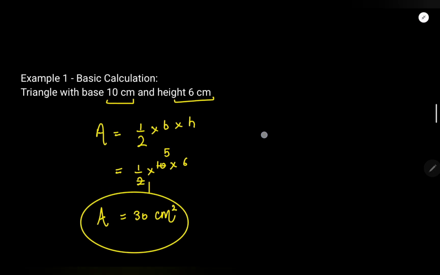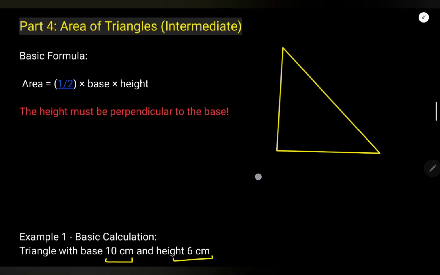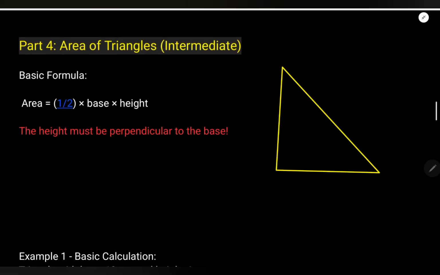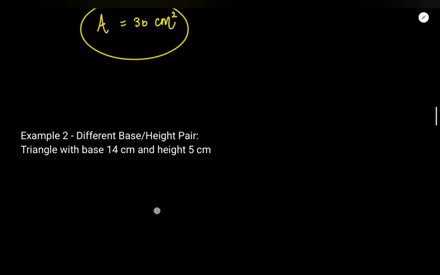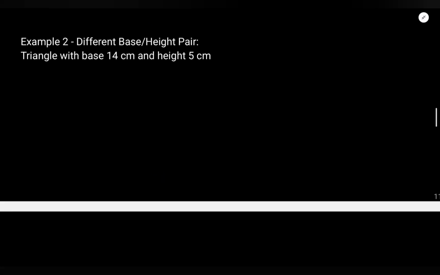Okay. Because here you knew the height. First of all, we will do some examples where you are given the height and base, and then you can easily find the area. And then we will come to the formula that we apply when we are not given the height. Okay. Let us come to example number 2. Triangle with 14 centimeter base and height 5 centimeter.